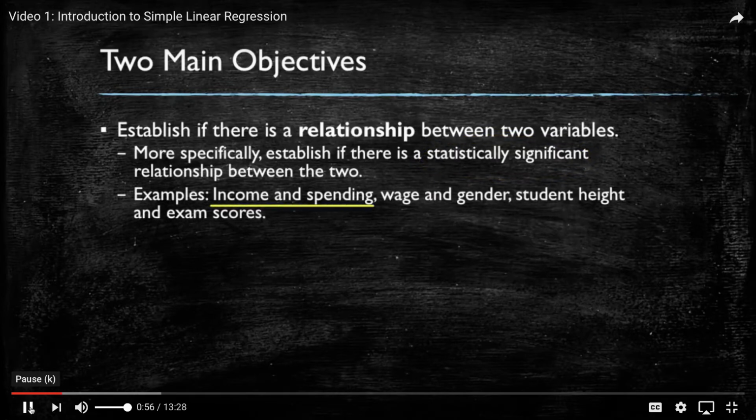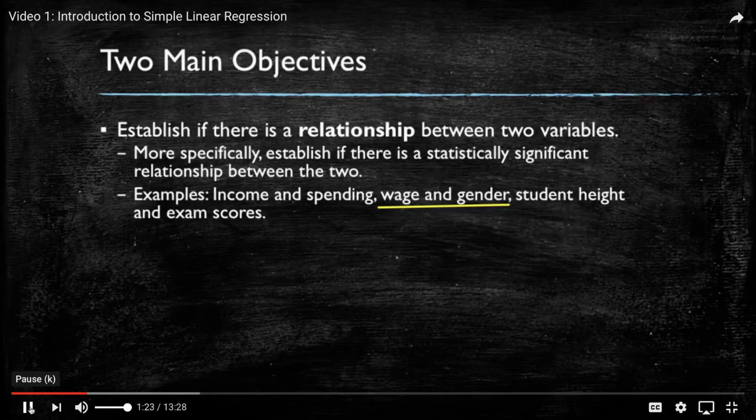On average, we expect that people or families that earn higher income will generally spend more on a given product. In this case, we're talking about a positive relationship between income and spending. We could also analyze and test if there's a relationship between wage and gender. We could ask if men are more likely to earn higher wages than women, in which case we're talking about gender discrimination, which is negative and we don't want it.